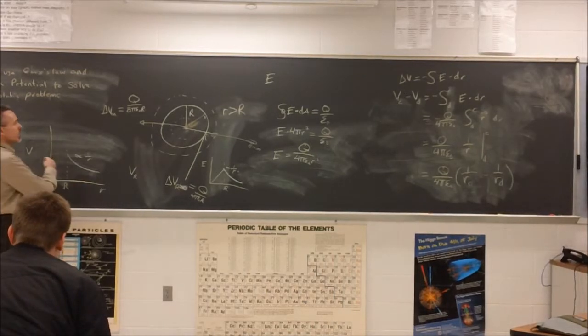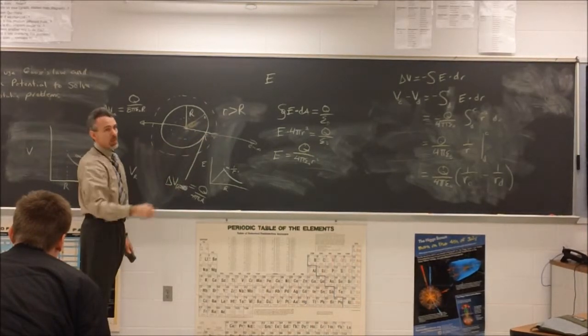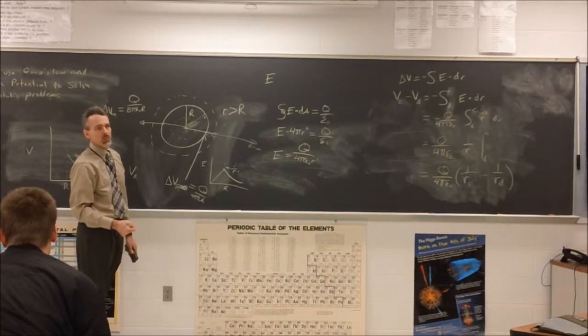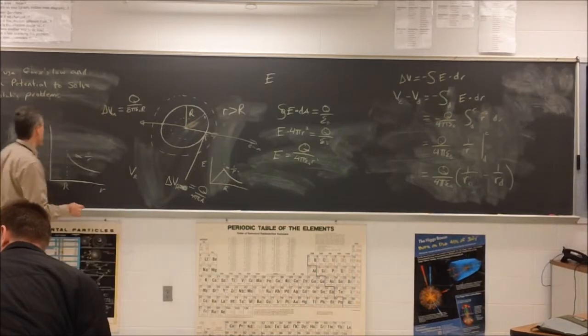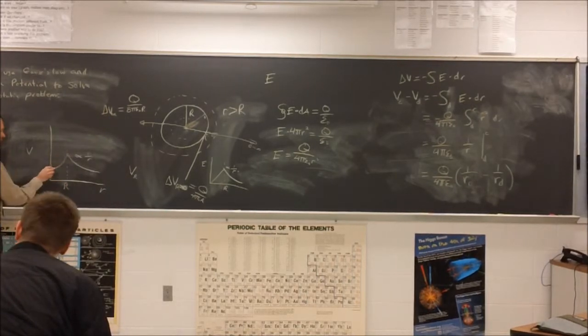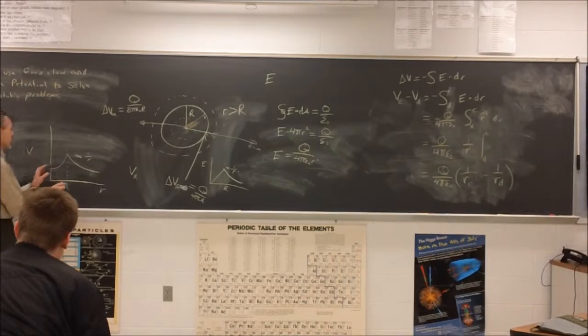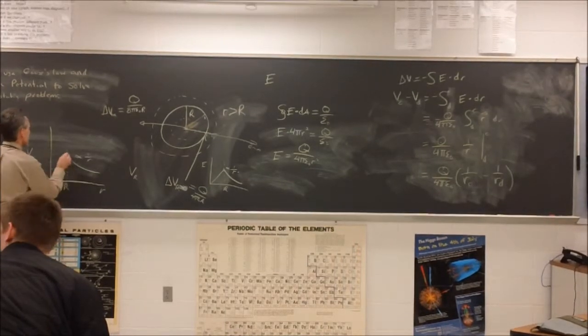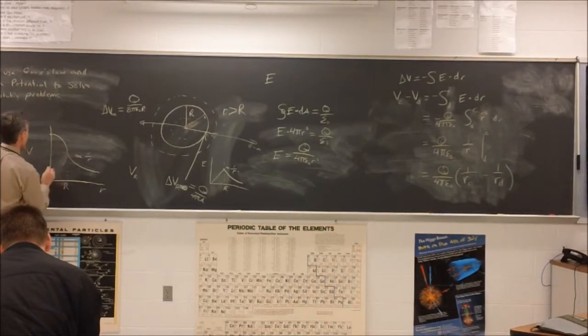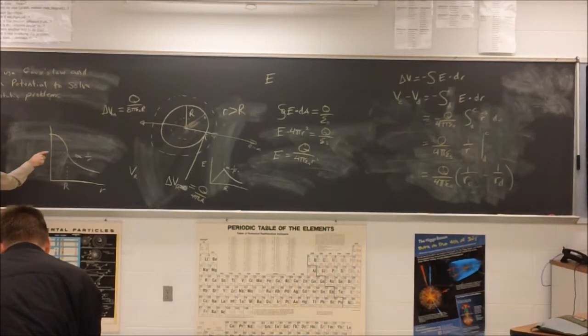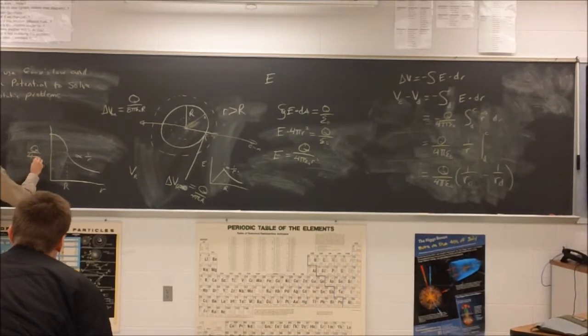Okay, what about inside? I erased it already, but look back at your notes. What was the relationship? It was a parabola. So is it a parabola like that? No. The other way, right? Like that. So what is the potential right at that point right there? Q over 4πε₀R. That's right there.